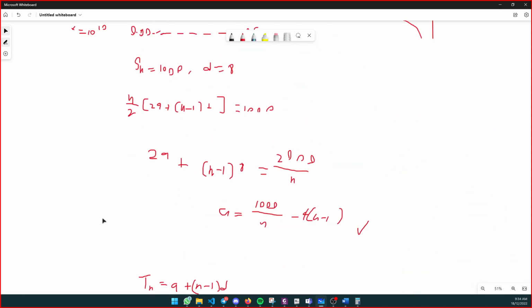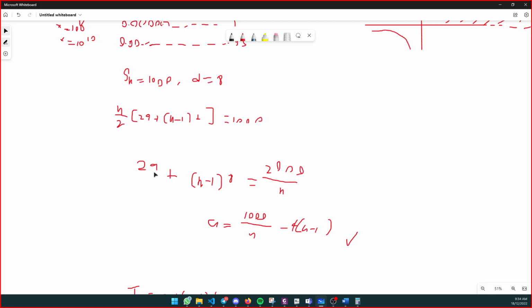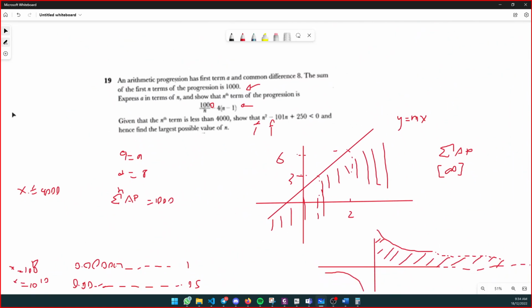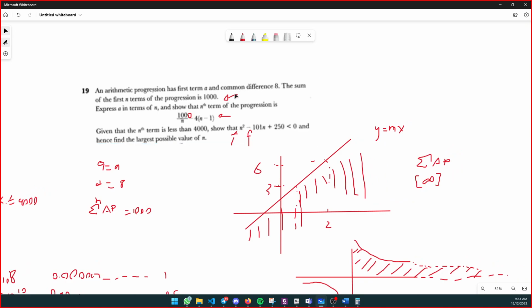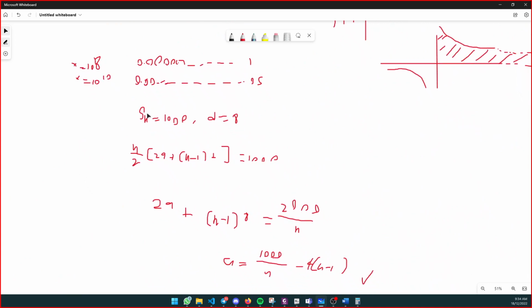So what we did here, we use the sum formula to find a. I mentioned this just now in the question. We are doing two things. One, we handle the sum progression equal to 1000, and then using that, we're going to find a.